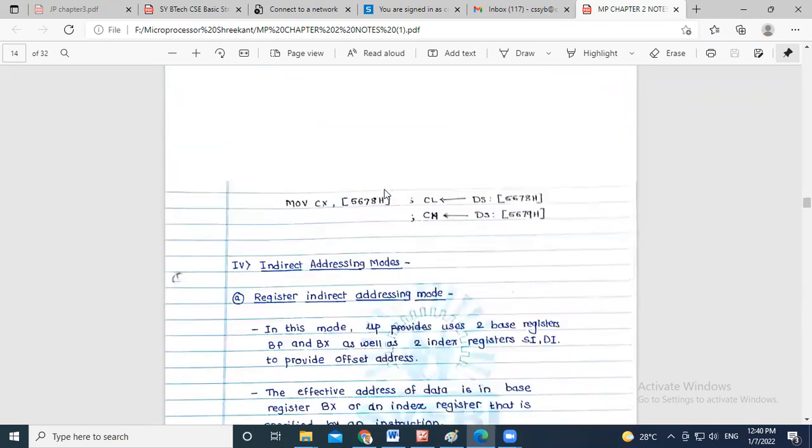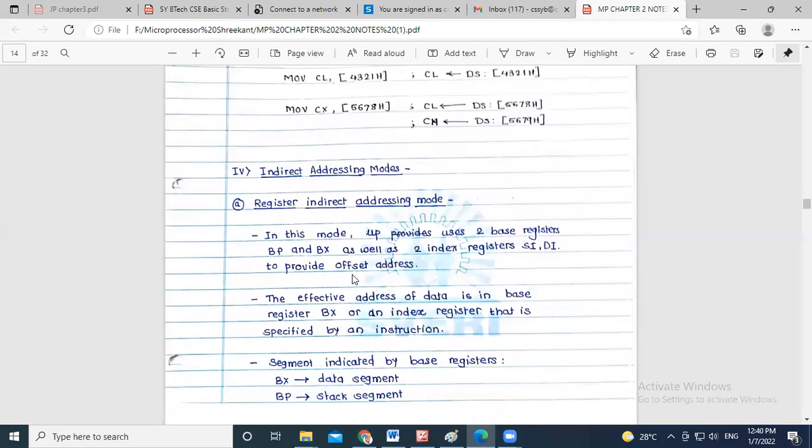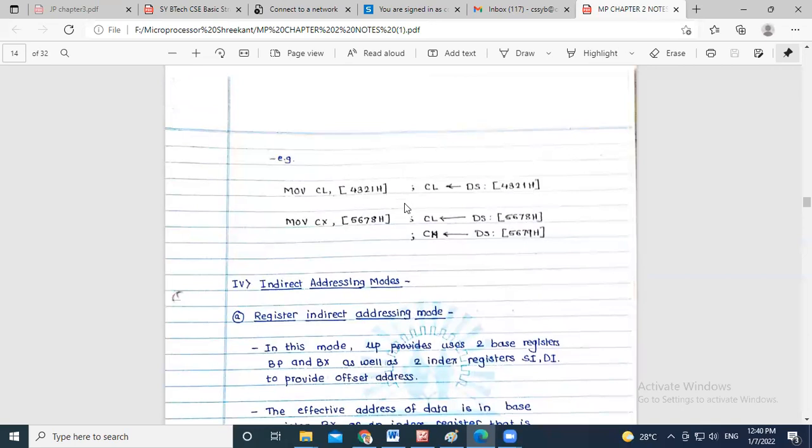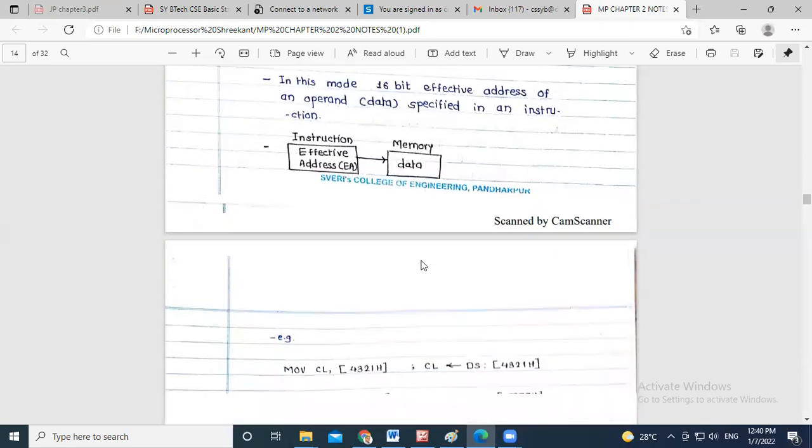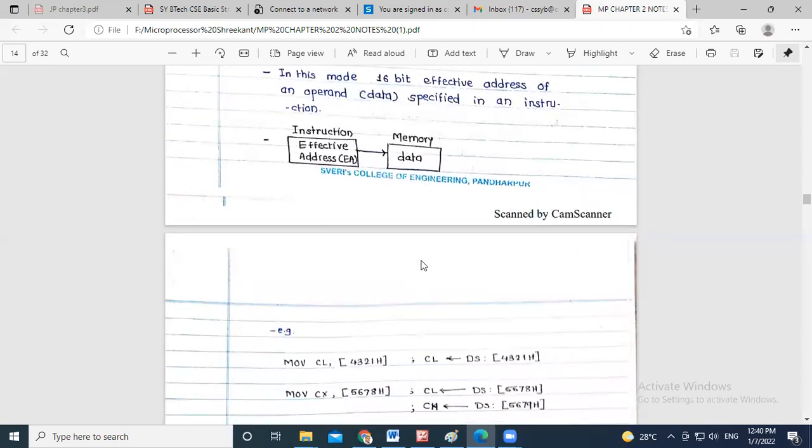So in these addressing modes, students, is it clear now, or are any doubts arising? Because this is a very important concept. Once you understand this concept, you can write the microprocessor program. Nothing is difficult in that. If you have not understood anything anywhere, immediately stop me and ask the question, because today's concept is very important.